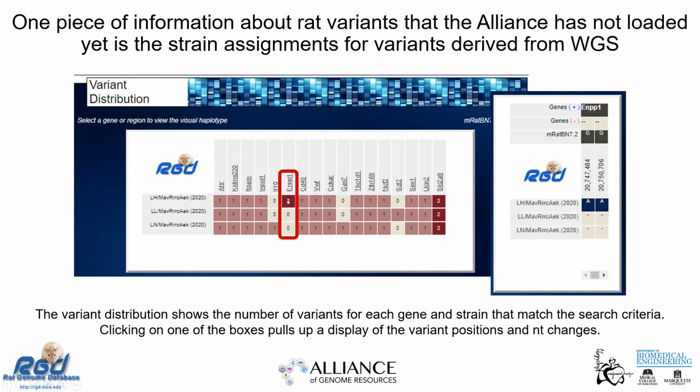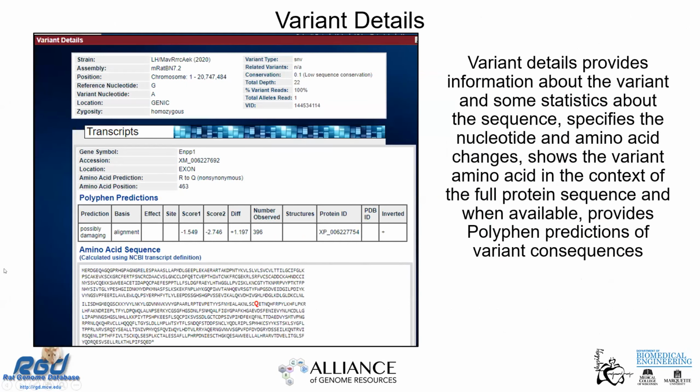So if I click on this box, it shows me what those actual 2 variants are. And if I click on one of these boxes, I get a variant detail page that gives me information about the variant and about the sequencing.